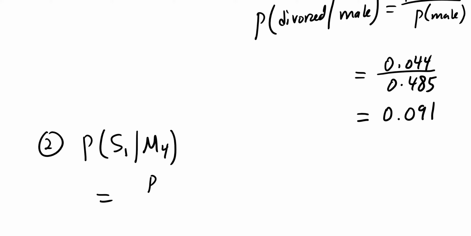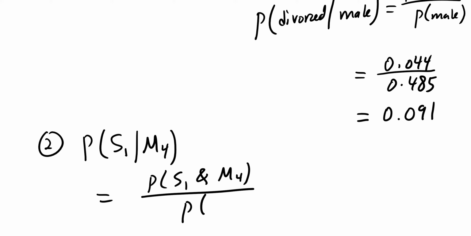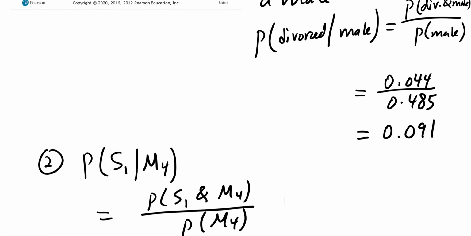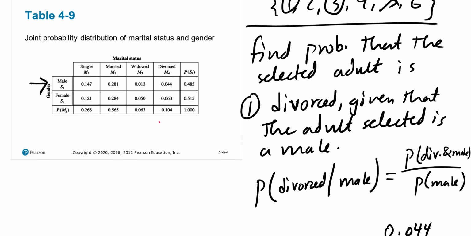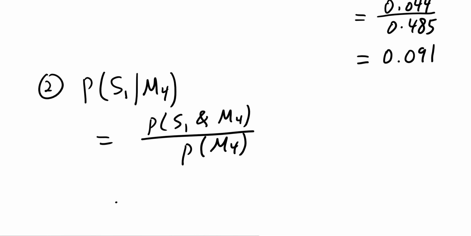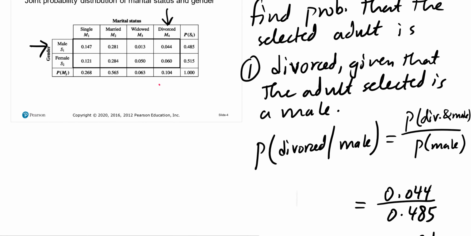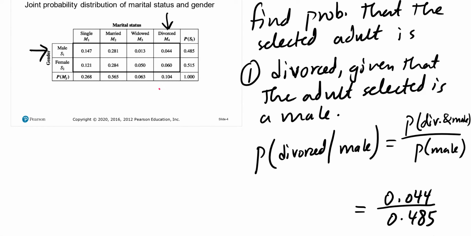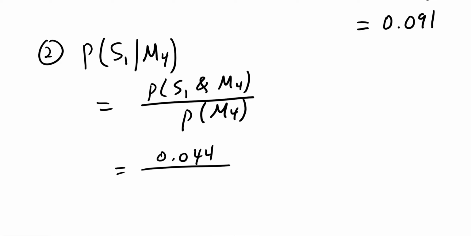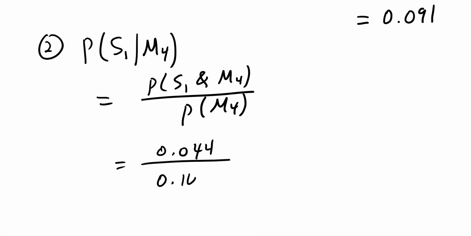Well, the probability is S1 and M4 divided by the probability M4. S1 and M4 is 0.044, and the probability of M4, meaning you look at the divorced one, is 0.104. If we calculate on the calculator, that gives us 0.423.